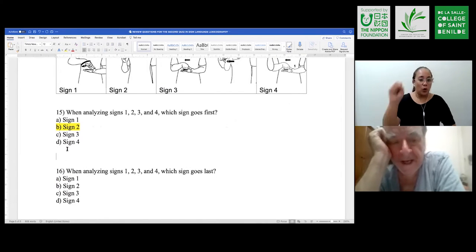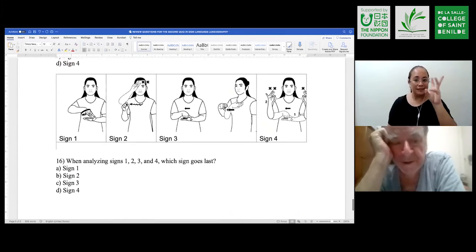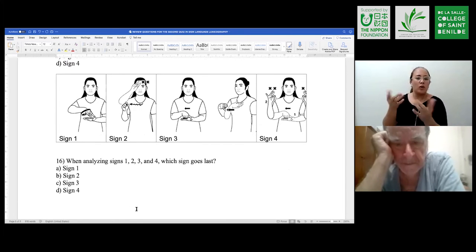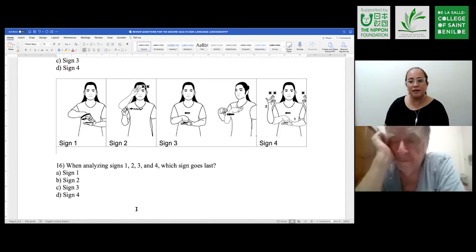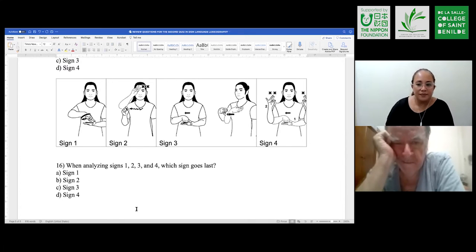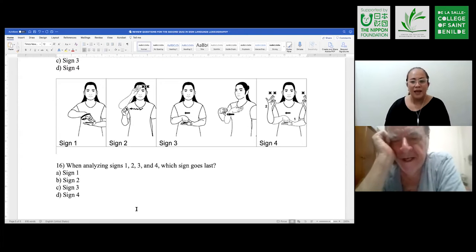Okay, so now when analyzing signs 1, 2, 3, and 4, which sign goes last? Shock is signing D. Phoebes and Jasmine and Yami are signing A. Why would you pick D?